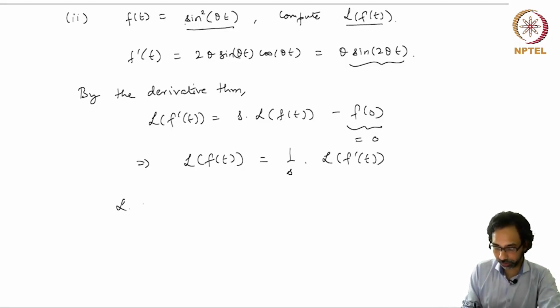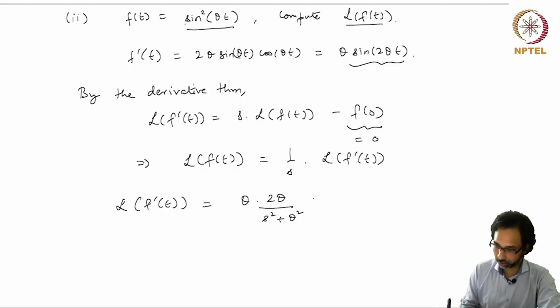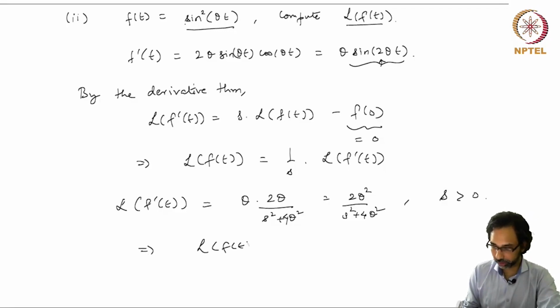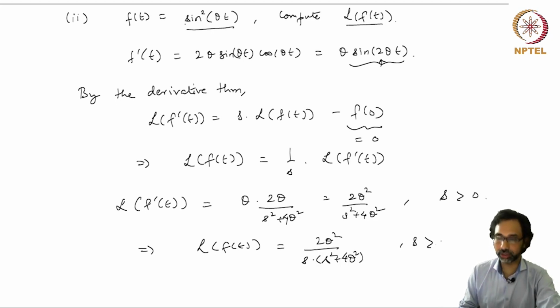Now the Laplace transform of f prime of t is nothing but theta times 2 theta over s squared plus 4 theta squared, because we have sine 2 theta here. So this is 2 theta squared over s squared plus 4 theta squared, and this is valid for s positive. Therefore the Laplace transform of f of t is 2 theta squared over s times s squared plus 4 theta squared, for s greater than 0.